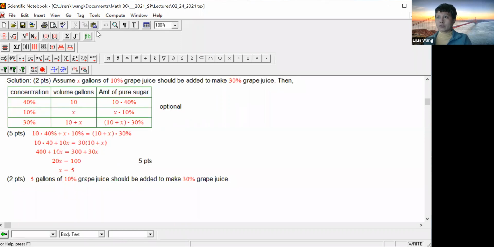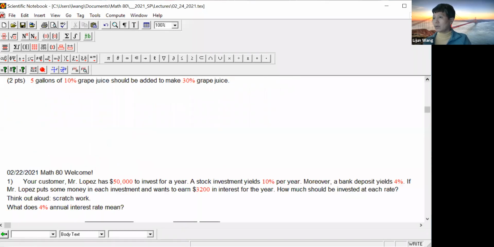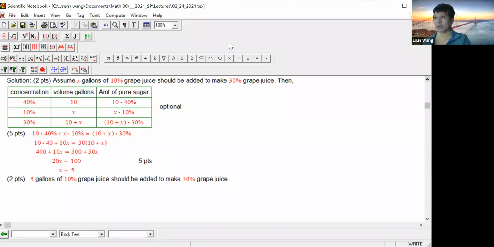Provided some of you like to do the decimal way. Some people like to do the decimal way. That's not a problem. Then you get 0.4, 0.1, 0.3, 0.3.